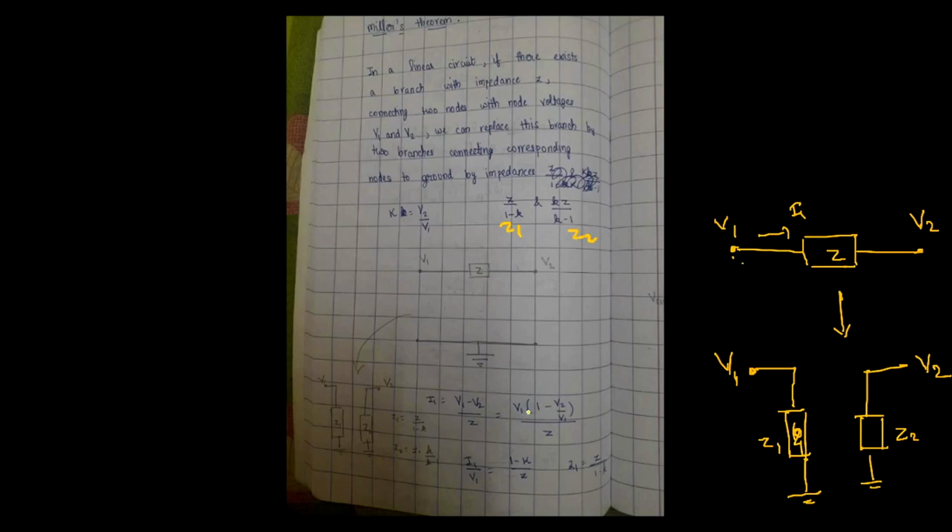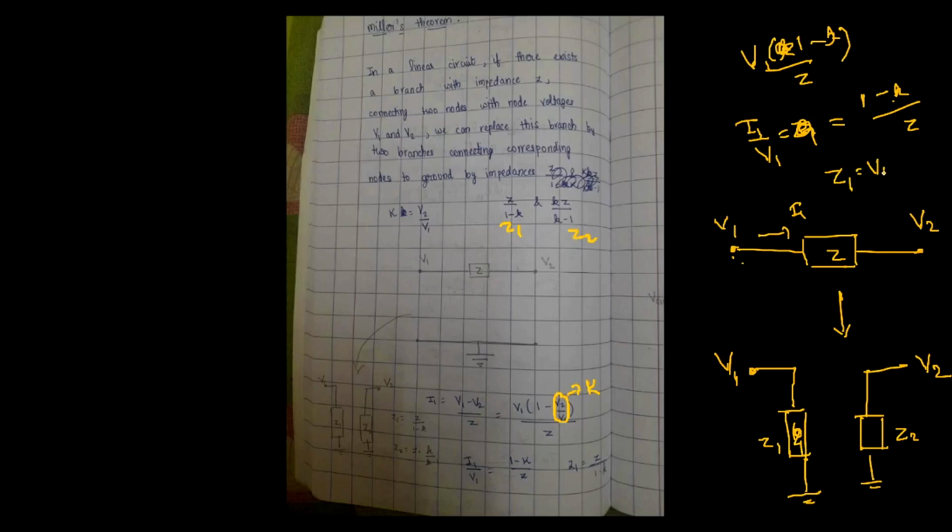Upon taking V1 common, I have 1 minus V2 divided by V1, and V2 by V1 is K. So I can write I1 as V1 into 1 minus K divided by Z. So I1 by V1 is equal to 1 minus K divided by Z, and Z1, which is V1 by I1, is equal to Z divided by 1 minus K.